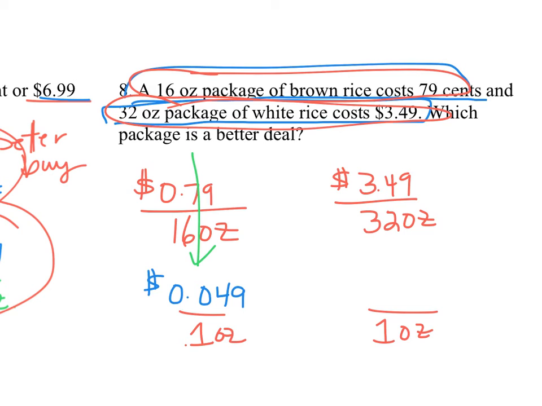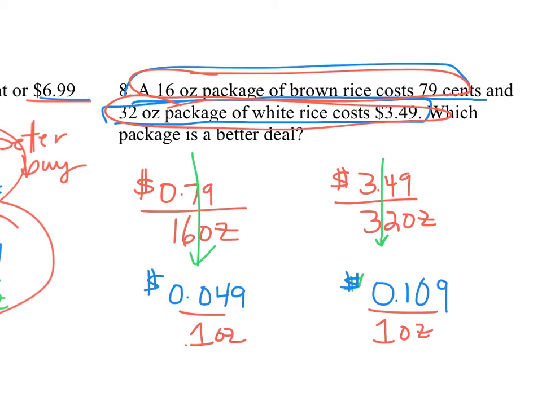I'm going to come back to that one. And then the next one, $3.49 divided by 32 is $0.109.